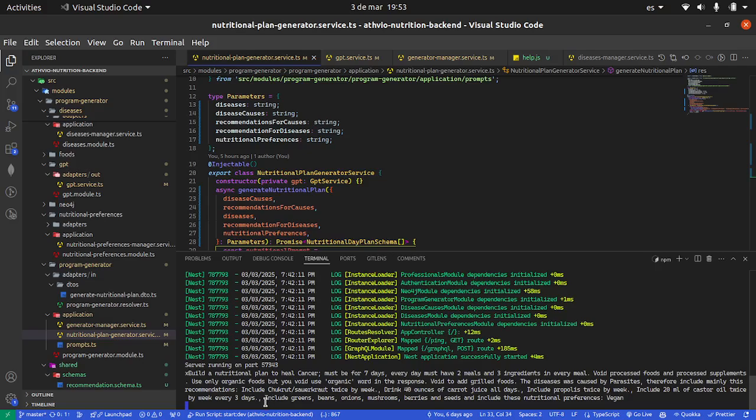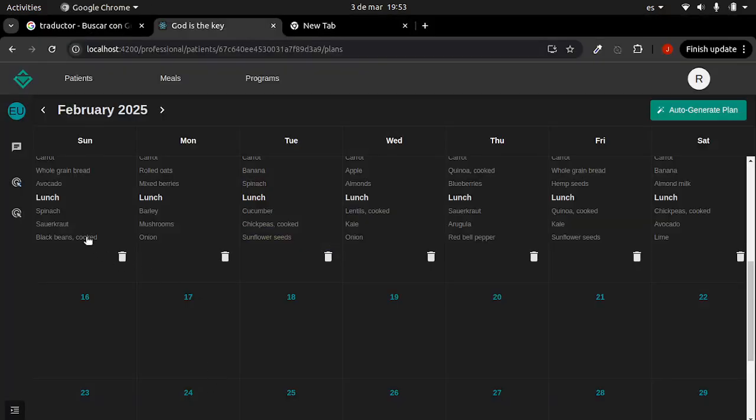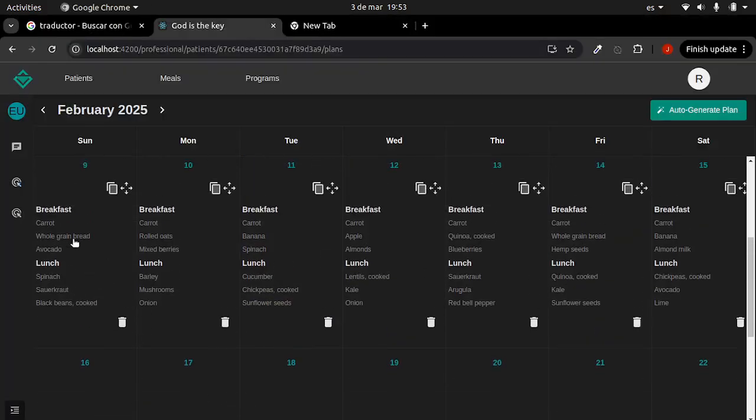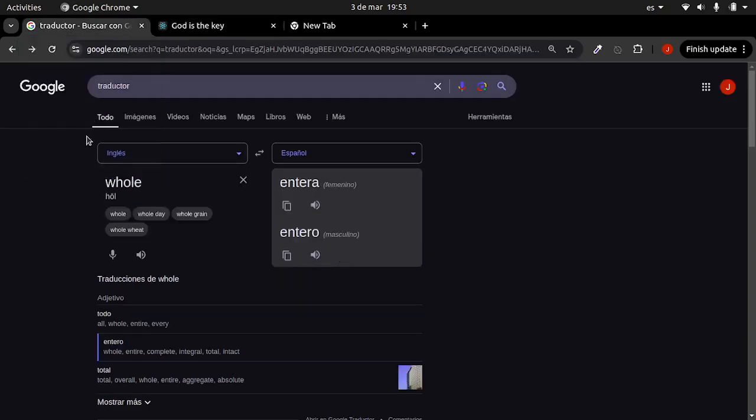And another important thing: include greens, beans, onions, mushrooms, berries, and seeds. I include these foods because they are really potent anti-cancer foods. For that reason, I said to include mainly these foods to heal cancer. And as we can see, whole grain bread. I don't know what that means.